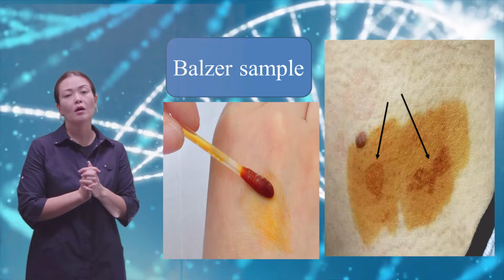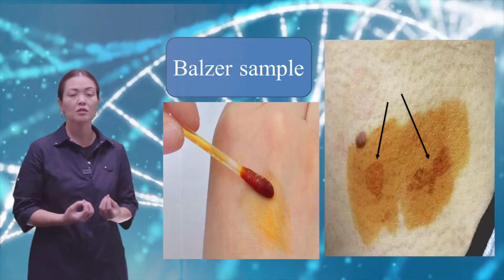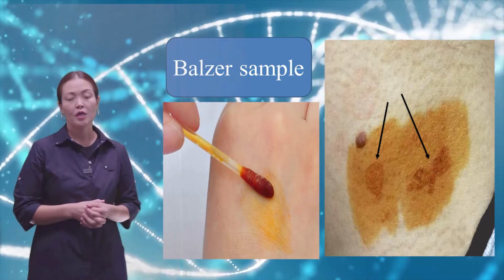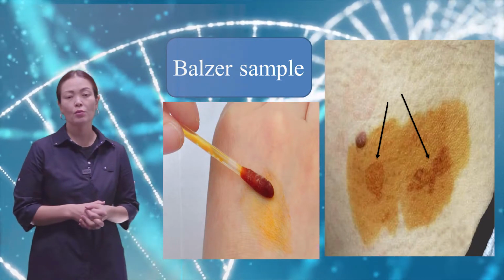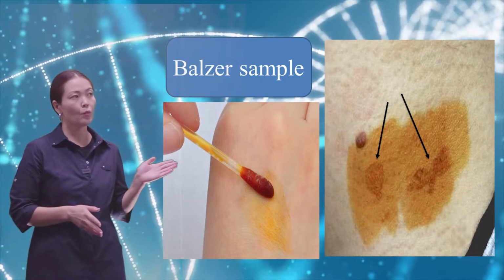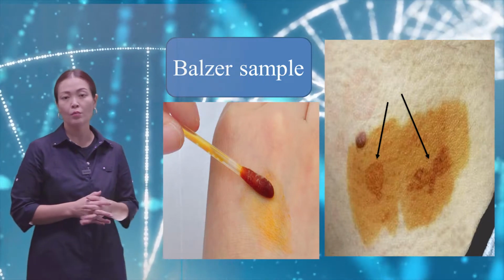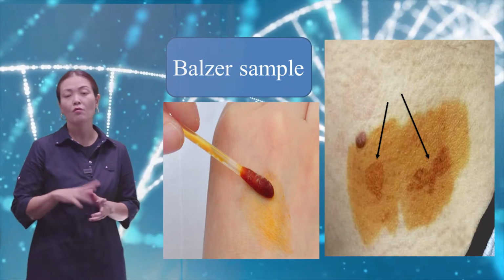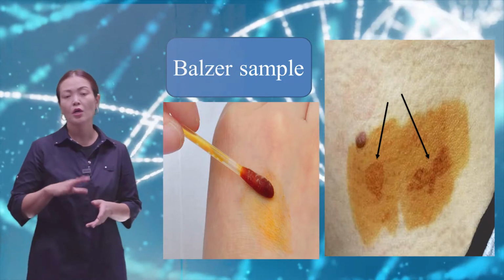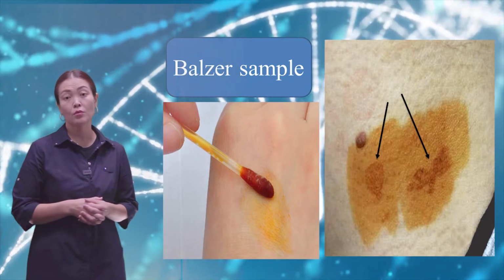That's why this region absorbs the iodine solution better. So this is the sample which we call the Balzer sample. We use this technique only for patients with pityriasis versicolor. For other types of fungal infection, you mustn't do this probe.